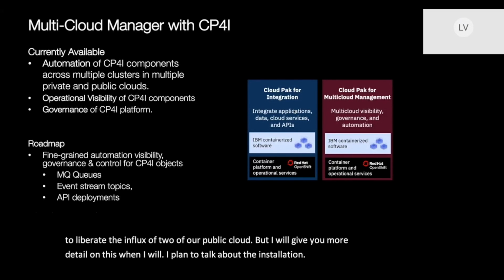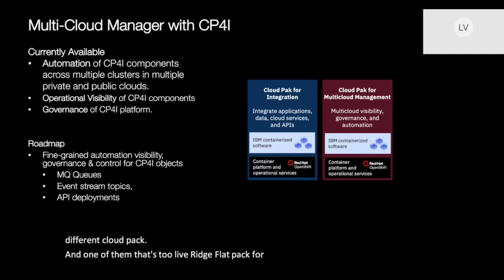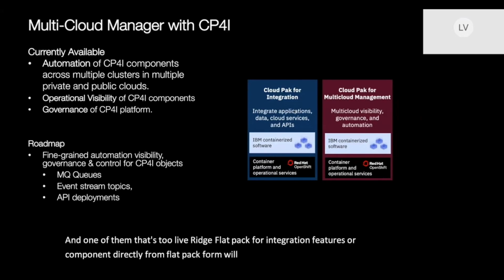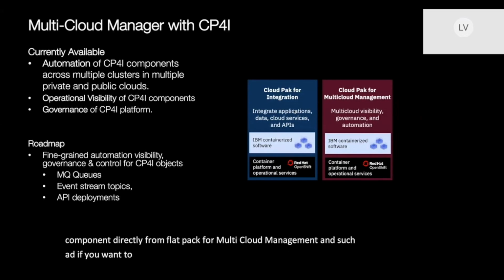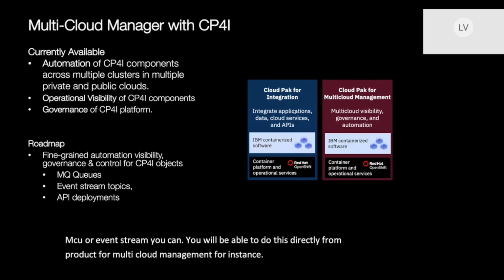That's what we plan to do: to have some synergy between different Cloud Paks. And one of them is to leverage Cloud Pak for Integration features or components directly from Cloud Pak for Multicloud Management. If you want to leverage MQ or Event Streams, you will be able to do this directly from Cloud Pak for Multicloud Management, for instance. And as well, this is a current trend.